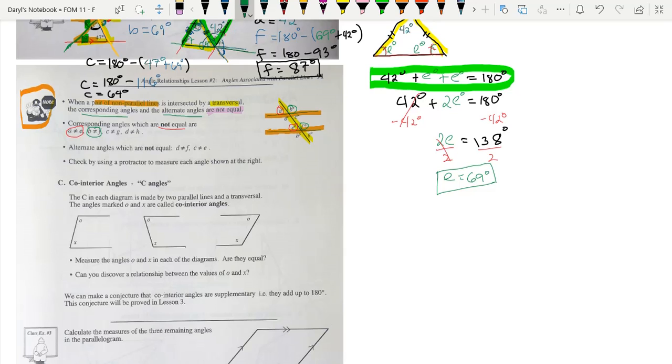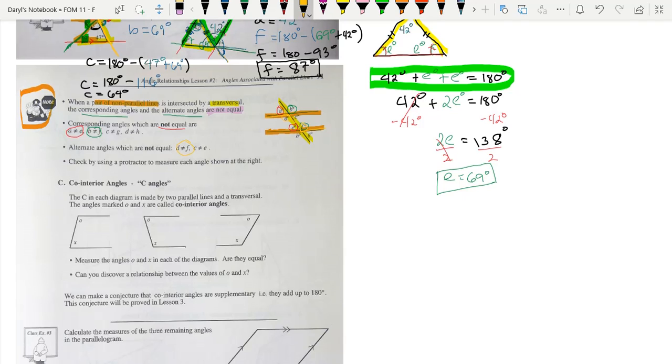So alternate angles here would be your D and F. So if you can see the D and F, that is a Z pattern. If you can see here, this is your Z pattern, right? So therefore, your alternate interior angles are your D and F.